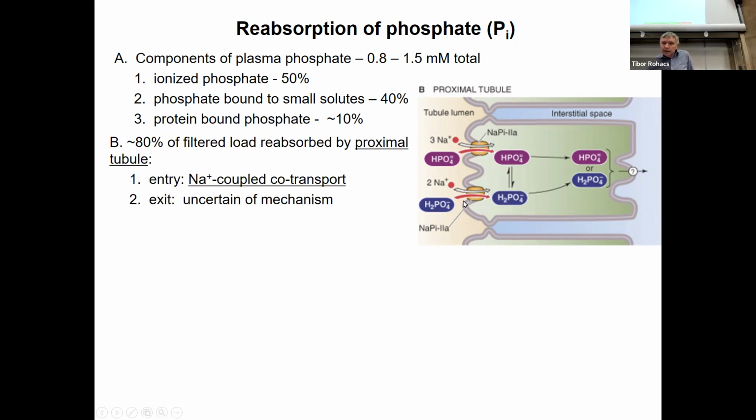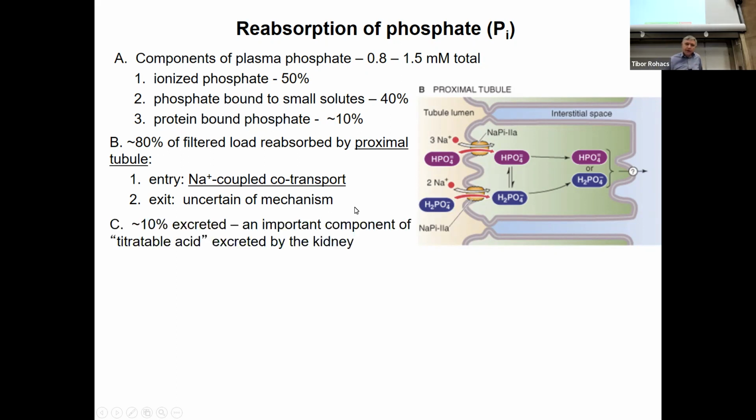And the key mechanism of reabsorbing phosphate is the sodium phosphate cotransporter in the proximal tubule. The phosphate that is excreted and ends up in your urine is roughly 10% of what was filtered. It's part of titratable acids, which we will discuss in the next lecture.